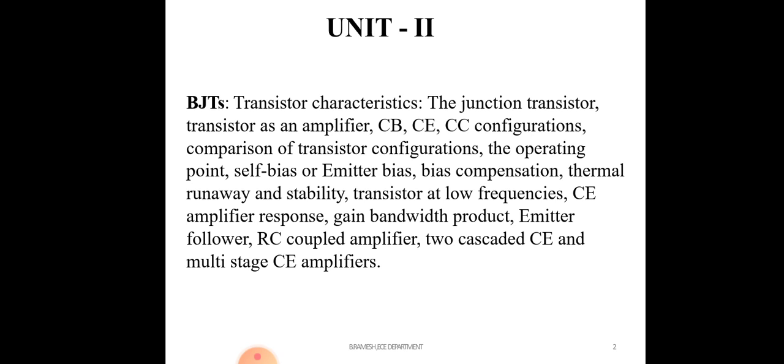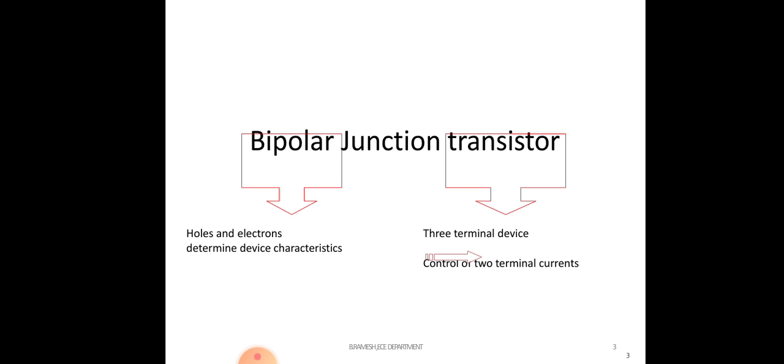Okay. So the first topic, bipolar junction transistor. So what is the meaning of bipolar junction transistor? Holes and electrons determine device characteristics. That means when you see the diode characteristics, we saw the current due to majority charge carriers only.